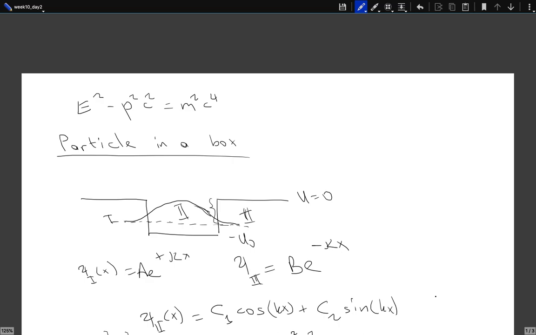In region 1, I have the point x equal to minus infinity, and my wave function should be 0 at x equal to minus infinity. That is why this term doesn't appear in region 1, and this term doesn't appear in region 2. Here I don't have a plus e to the power kappa x term.